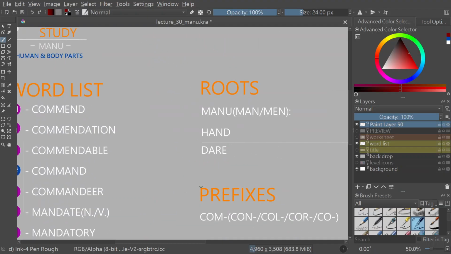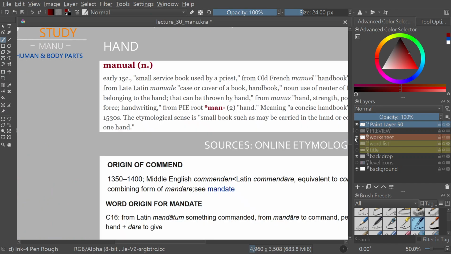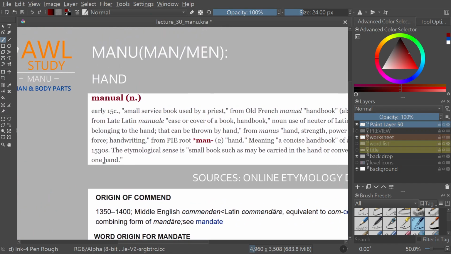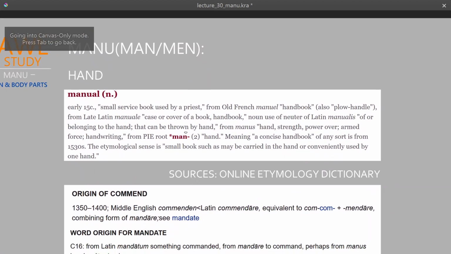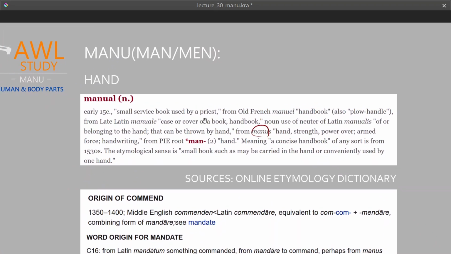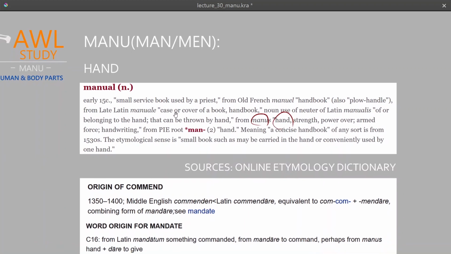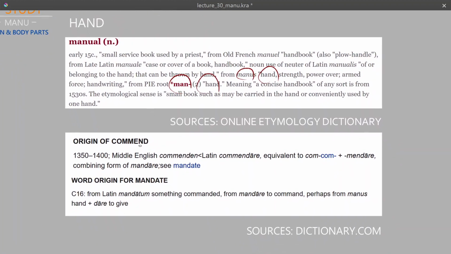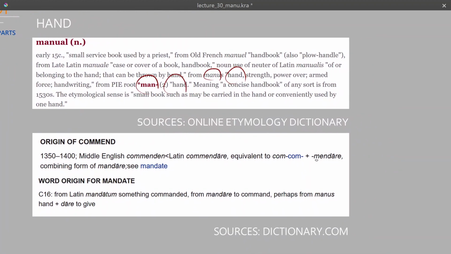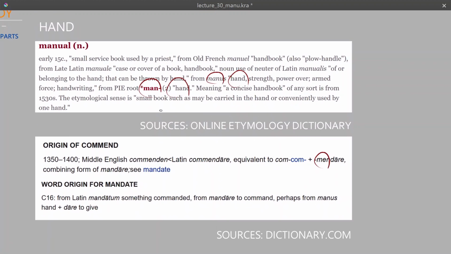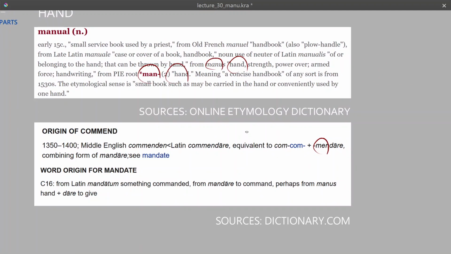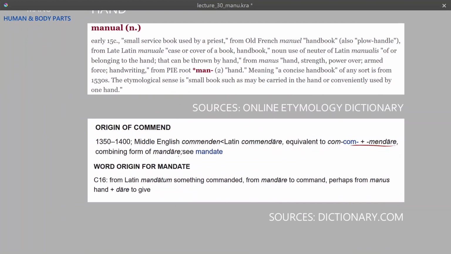Alright, so as usual, let's dive into the root itself. We have the root manu, meaning hand, or its variant man, meaning hand. And we have another variant, which is man. It's a variant of man and manu. Since we have man, there is the combining form of man there.